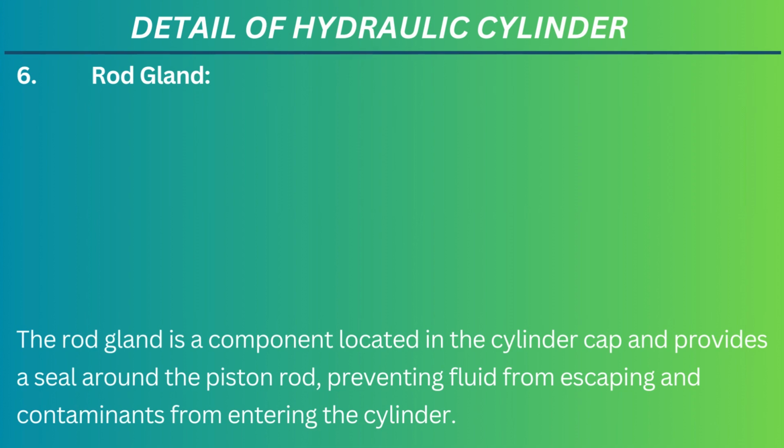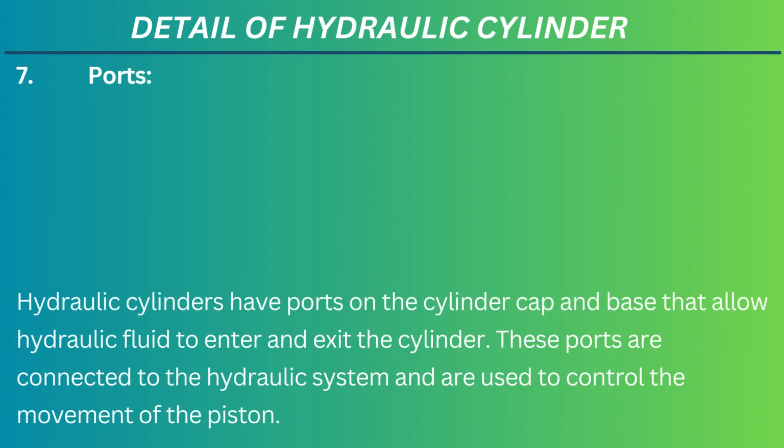The rod gland is a component located in the cylinder cap and provides a seal around the piston rod, preventing fluid from escaping and contaminants from entering the cylinder. 7. Ports. Hydraulic cylinders have ports on the cylinder cap and base that allow hydraulic fluid to enter and exit the cylinder. These ports are connected to the hydraulic system and are used to control the movement of the piston.